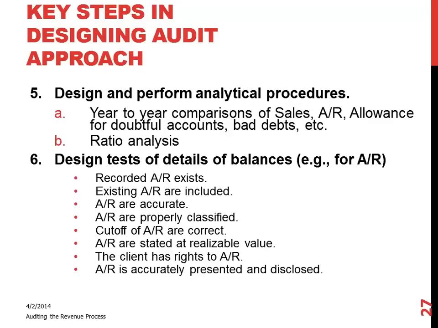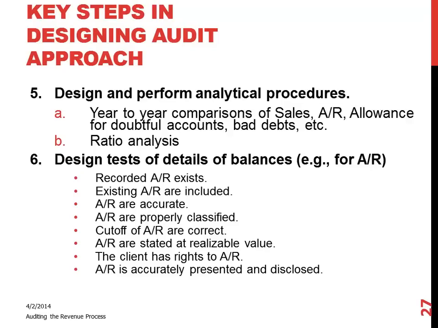If we see that accounts receivable are rising, but sales are flat or going in the opposite direction, that relationship doesn't make sense. So we'd want to investigate why that would be the case. And obviously you do ratio analysis, days sales outstanding, number of days in sales, those types of ratios we would use.